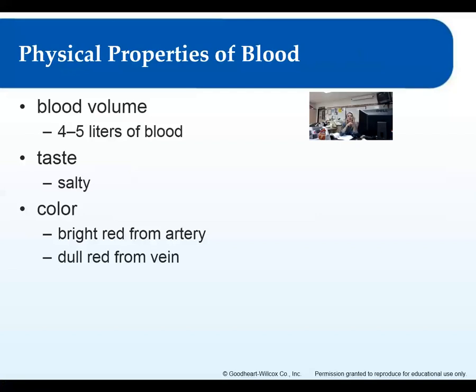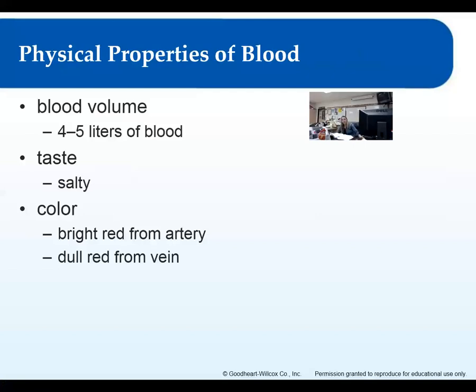Of course, the pH, you guys know, 7.35 to 7.45. The color, bright red. Oxygenated blood is typically bright red. Dull if it's already gone through and kind of been used up. I know the PowerPoint says artery and vein, but there is one exception to that.